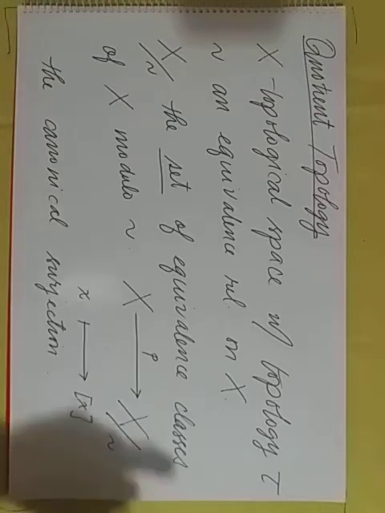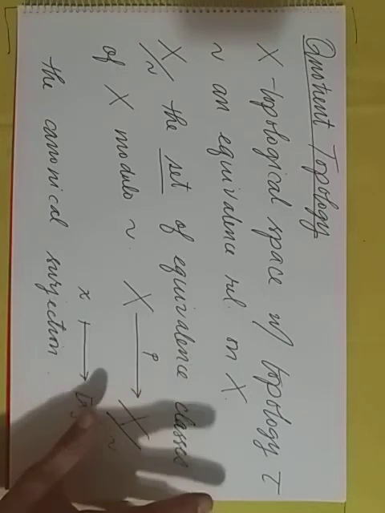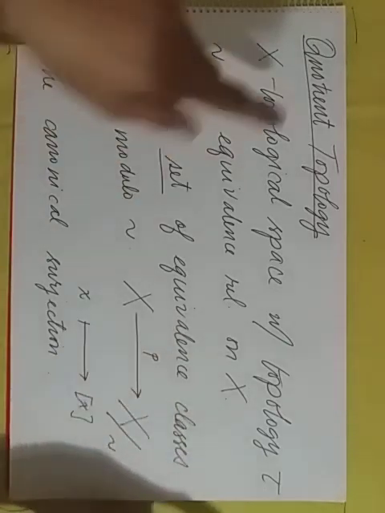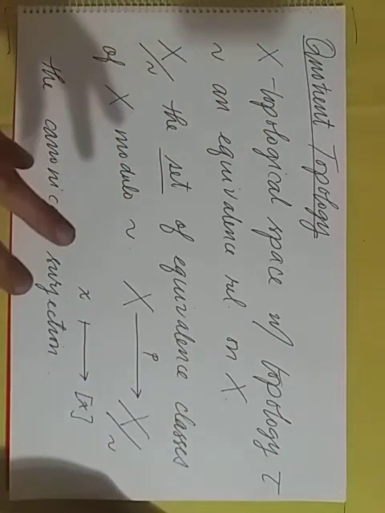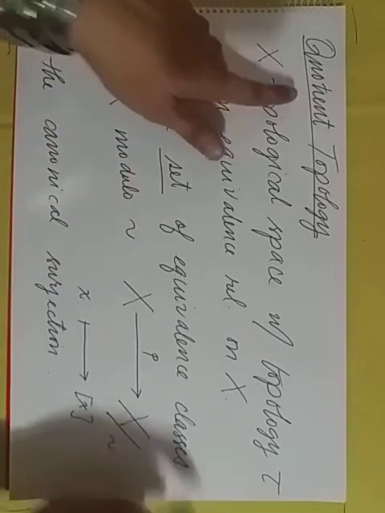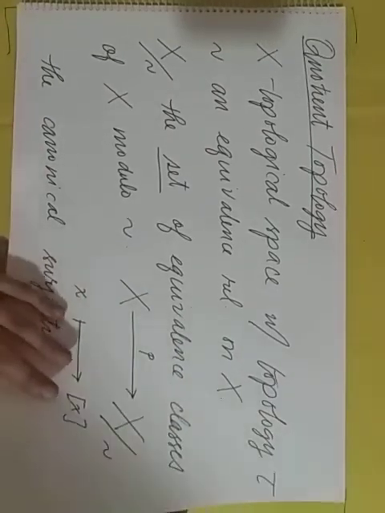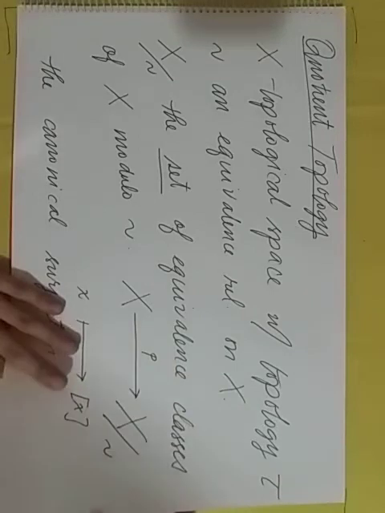That means that any topology on X mod tilde which will make P continuous will be contained in that topology I am referring to. That largest topology will be what we will regard as the quotient topology on X mod tilde. And now I will outline to you how to construct it.